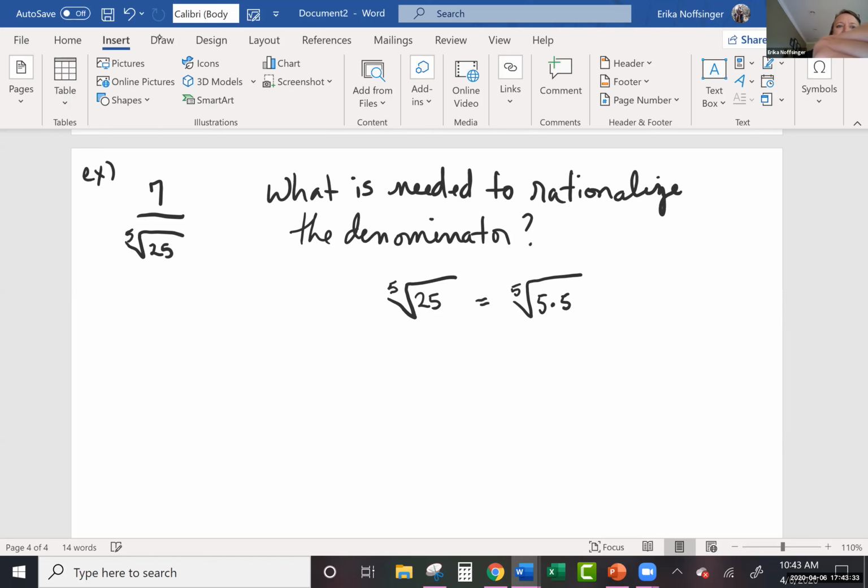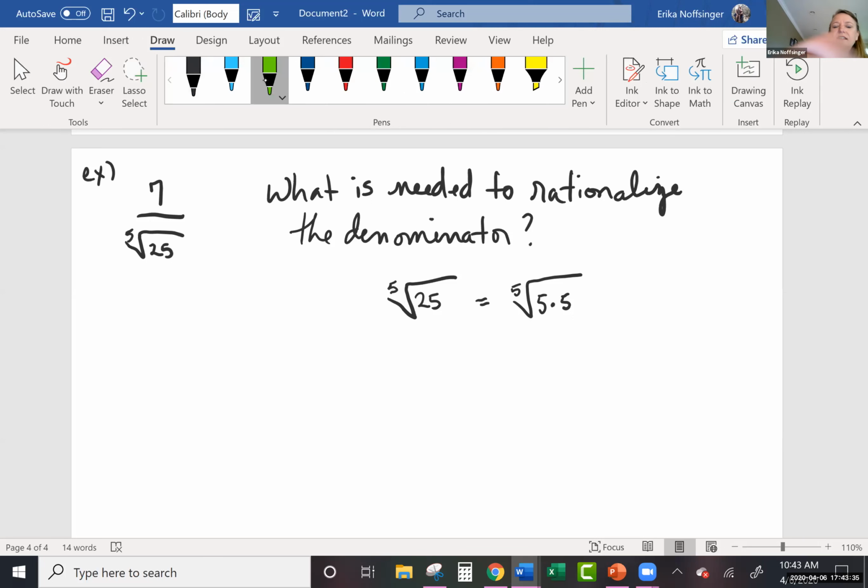So I notice here I have 2 5s, and we have a 5th root. So we need how many 5s? 3 more 5s.